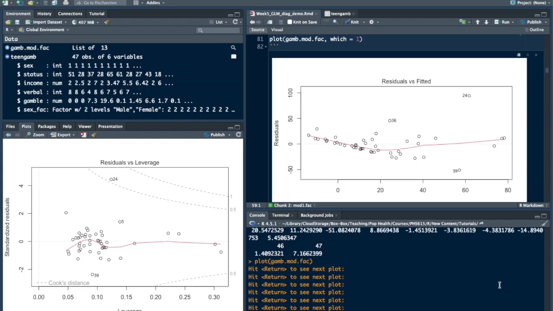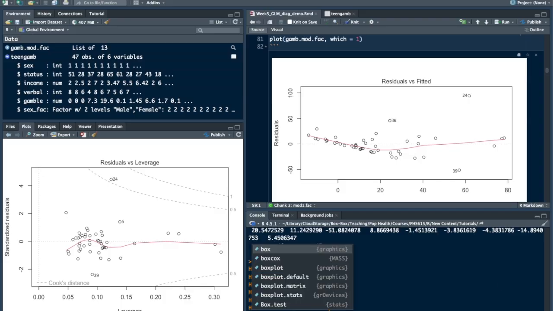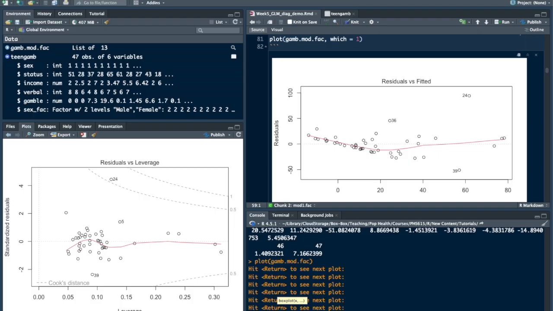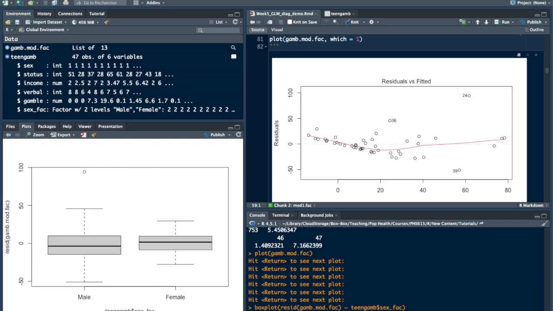So the way to do it for a factor would be we would make a box plot. So we do a box plot on the resid, gam, and we'll do that on teengamb sex fac. So what do we see here?